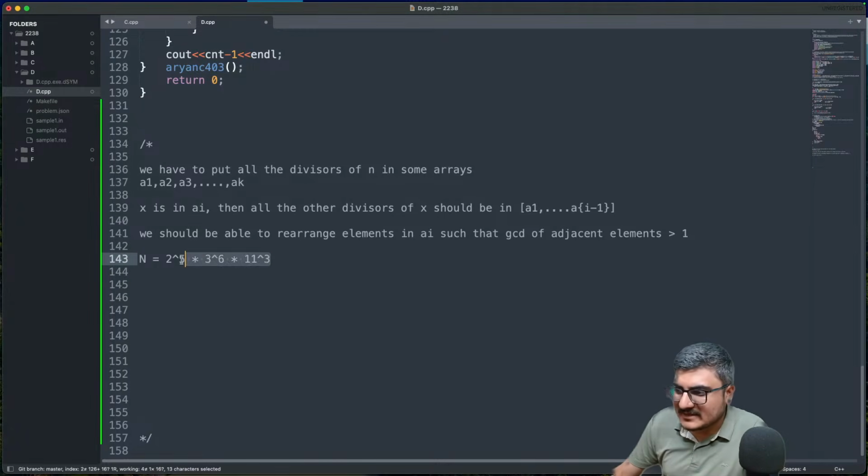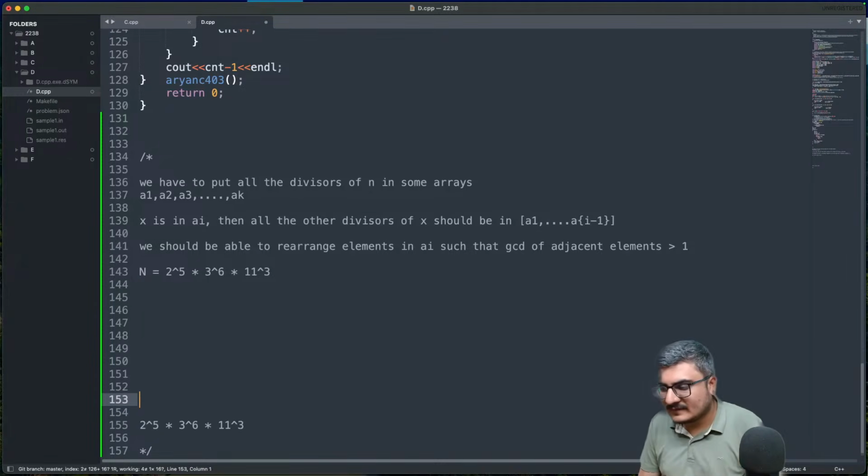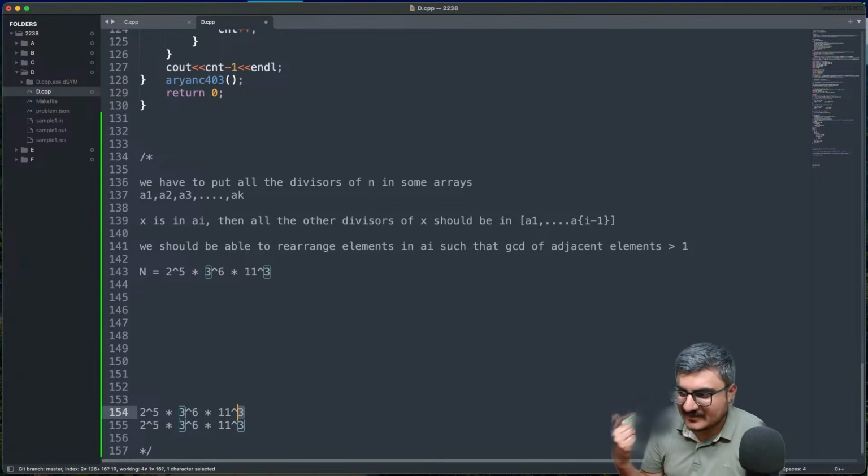For every increase, if you have 2 to the power 5 somewhere, let me put it this way. If this is the number, this is in the last layer. Then the second last layer should have at least one number after removing this prime.